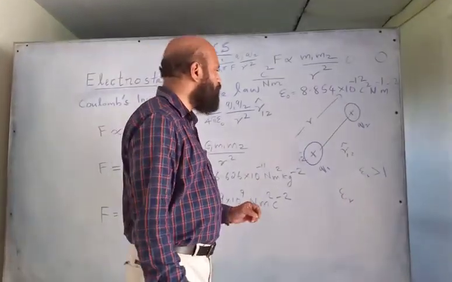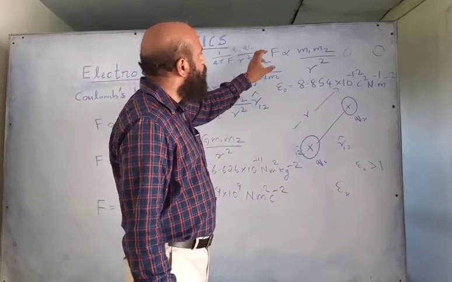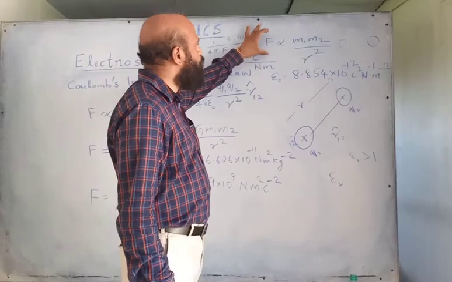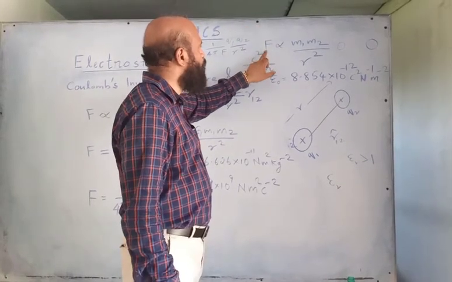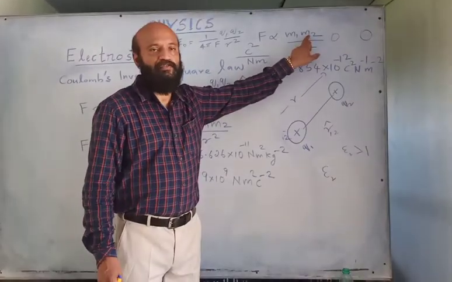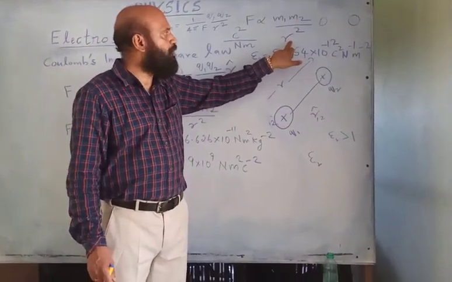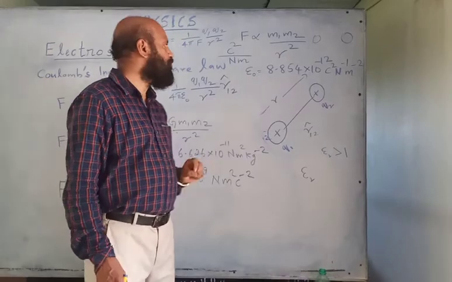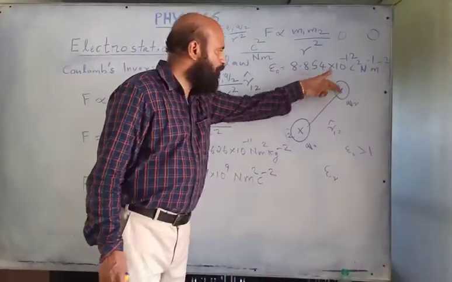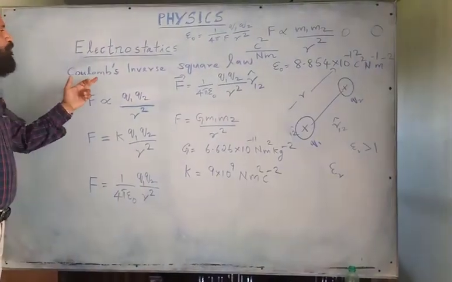Force between two masses is given by Newton's universal law of gravitation. Force between two masses is directly proportional to the product of the masses and inversely proportional to the square of the distance between them. Force between two charges is given by Coulomb's inverse square law.